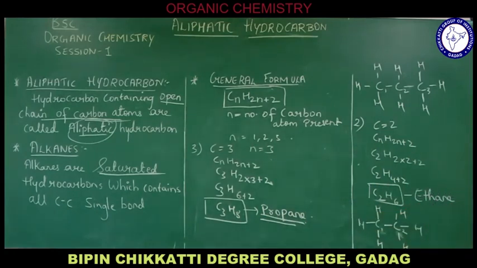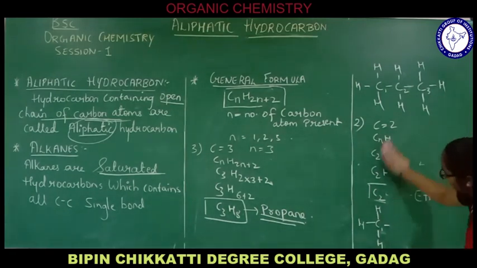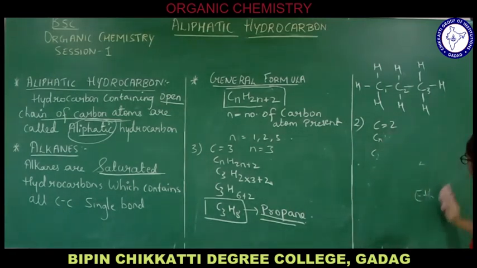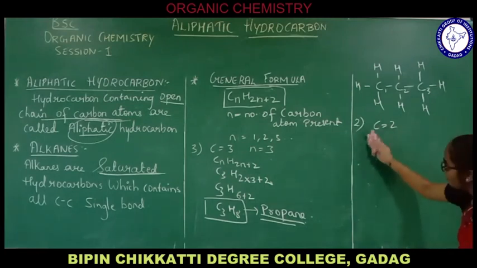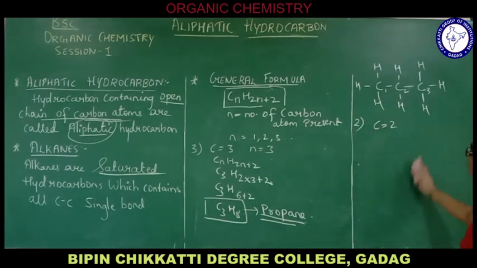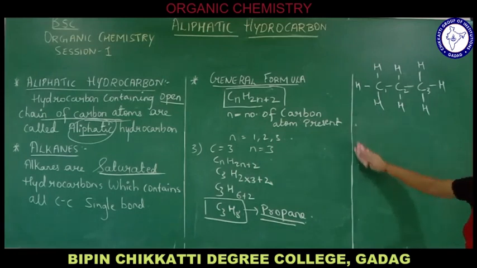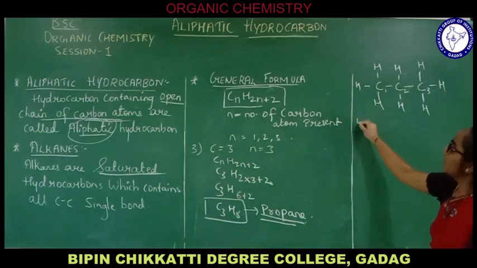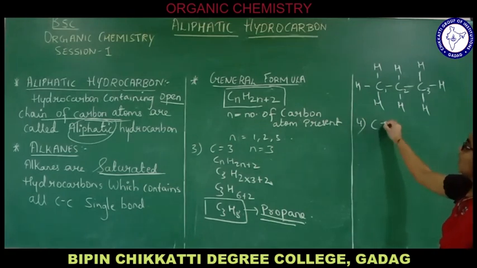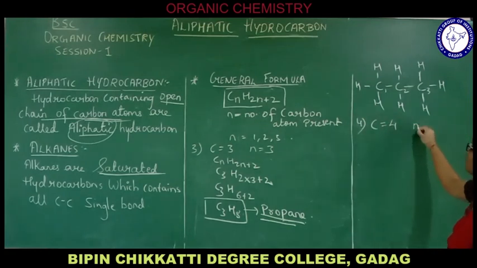Now let's talk about the fourth member of alkane. Let's write down the molecular formula as well as the structural formula for the fourth member. For the fourth member of alkane, we know that the carbon number is 4, so the number of carbons will be 4.